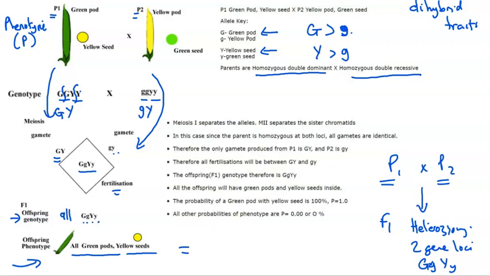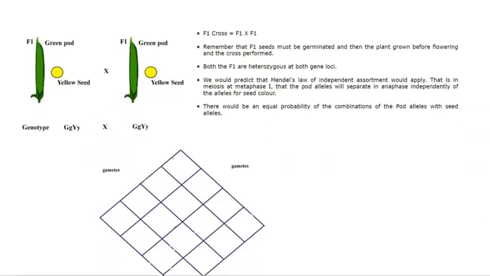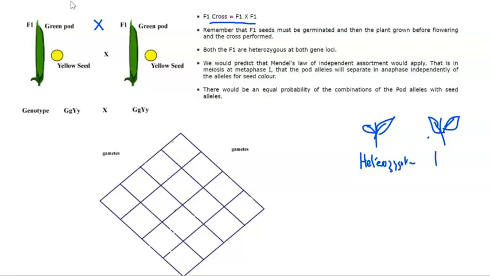So let's move on from this point. And let's take the two heterozygotes, and now what we're going to perform is known as an F1 cross. We'll take one individual, one plant, so there would be one pea plant, another pea plant. These are both heterozygotes for the two genes.